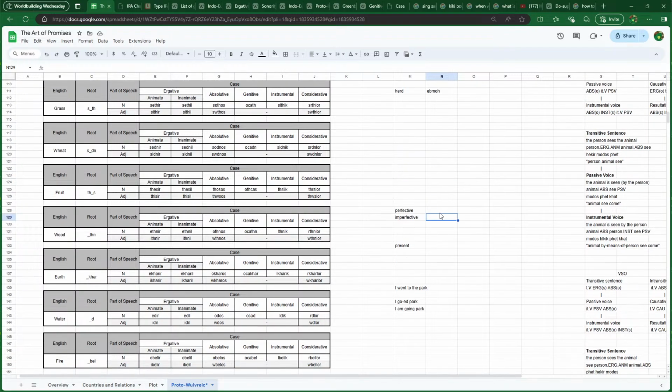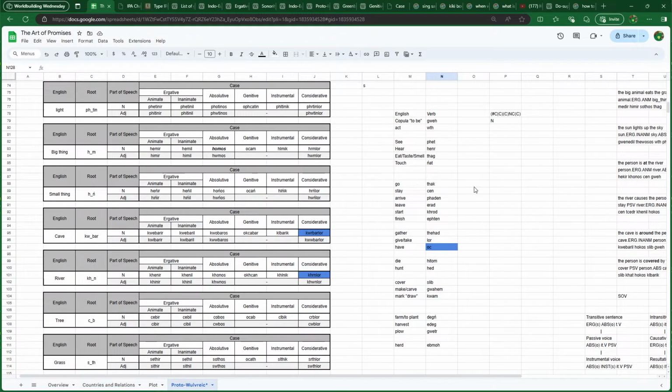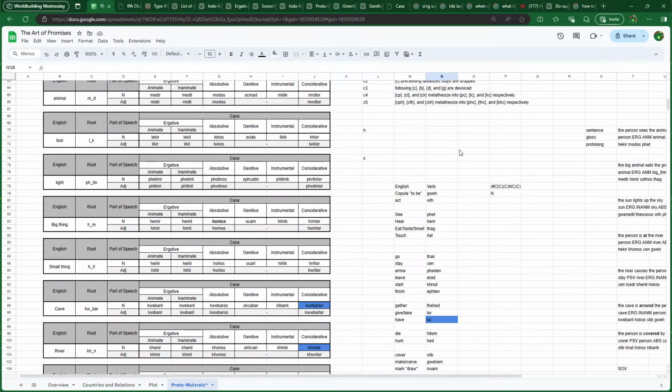So, I want to mark for these. Present tense does not get marked. This is the only distinction that I want to have, a perfective, imperfective. And I want this to be handled via auxiliary verbs.